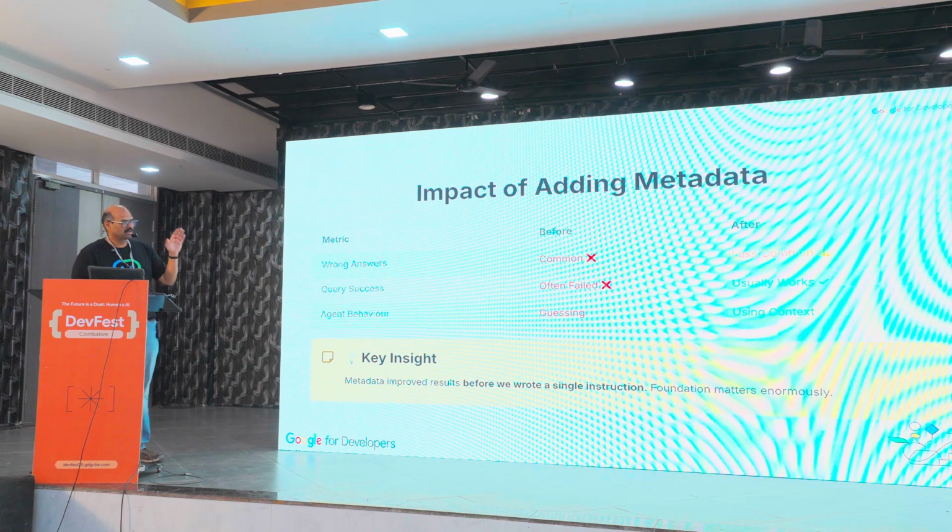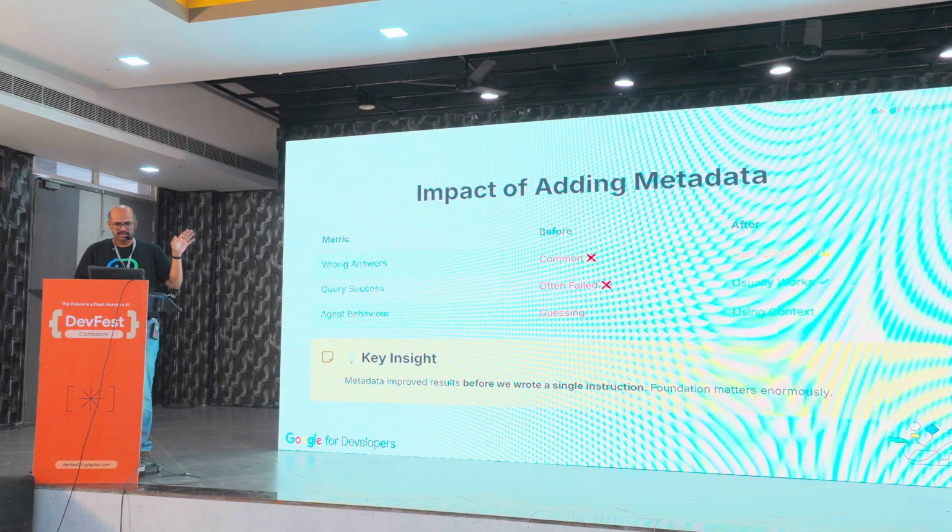Once I added information about the tables and tested it again, the wrong answers became less common, because now the agent understands what each of my table columns mean, and based on that it will generate better queries. Because of that, the query success rate is much higher, and the agent uses the context much better.